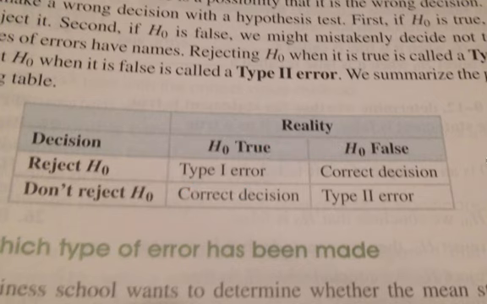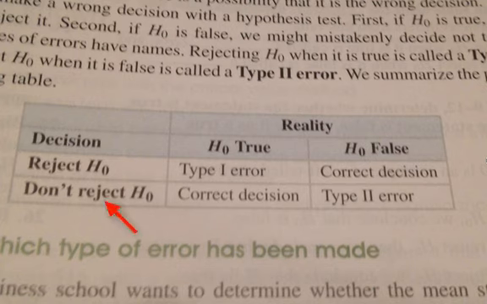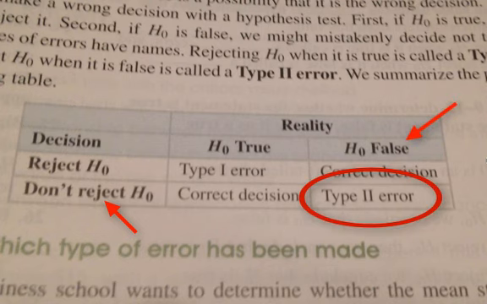If your decision involves not rejecting H0, so you're thinking H0 is true, so you won't reject it, and in fact H0 is true, you have made the correct decision. No mistake there. But if you decided that H0 was true, so you did not reject it, and in fact H0 was false, you made a type 2 error.